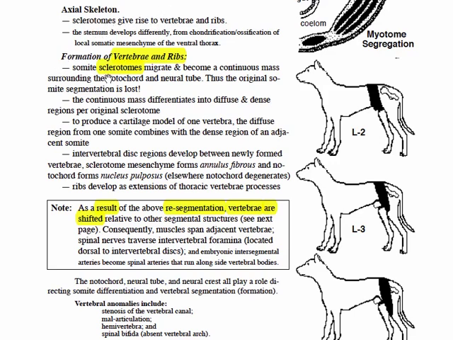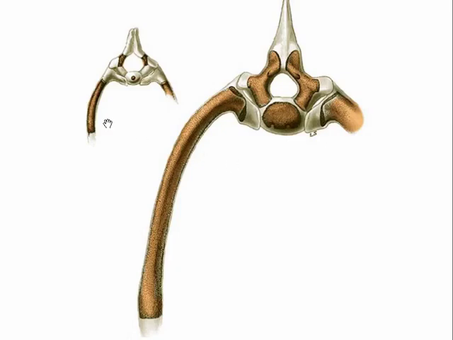Sclerotomes give rise to vertebrae and ribs, and in the process of forming a vertebra, sclerotomes undergo a resegmentation so that each adult vertebra is actually formed by two adjacent sclerotomes. This shows earlier and later stages of vertebra and rib development.